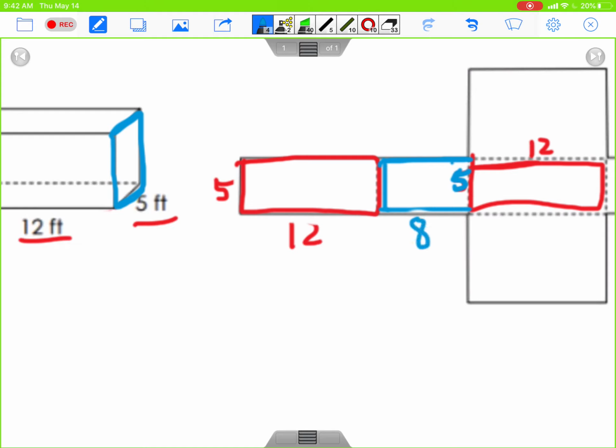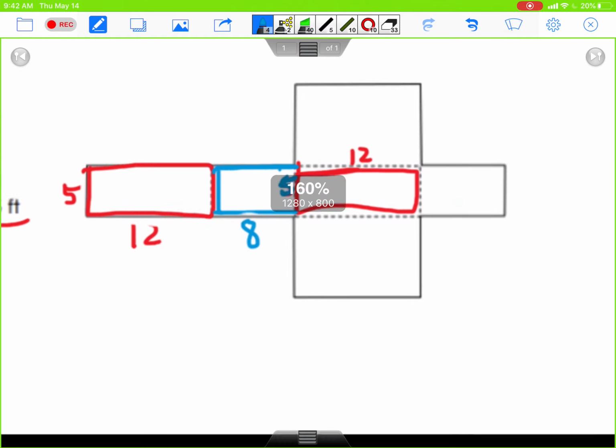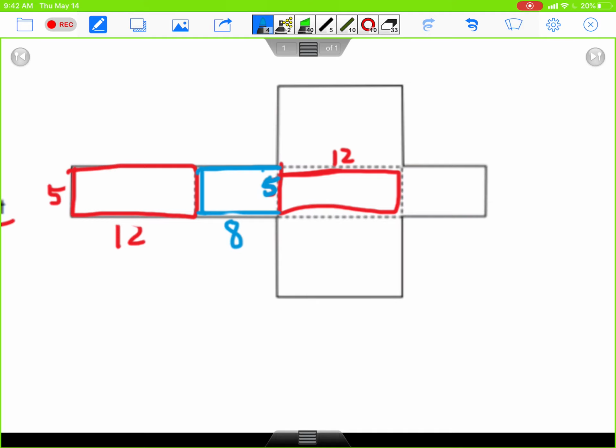Each rectangle only needs a length and a width, one of each. Now we have to look for another blue rectangle. Each type of rectangle is going to have the same length and width. If I look right here, that's the same size, so that's also going to be 8 and 5.